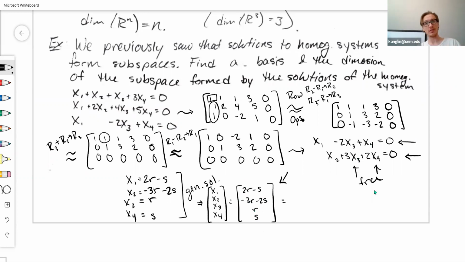That would be a basis, so long as those vectors are linearly independent. So I'm going to split this up into these two vectors: all the stuff with an r, plus all the stuff with an s.